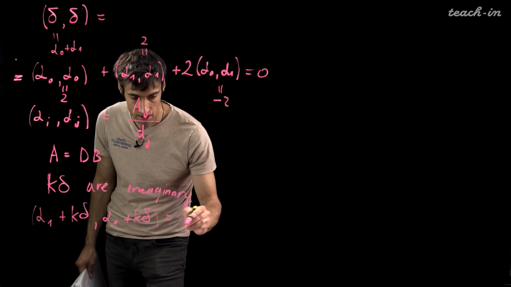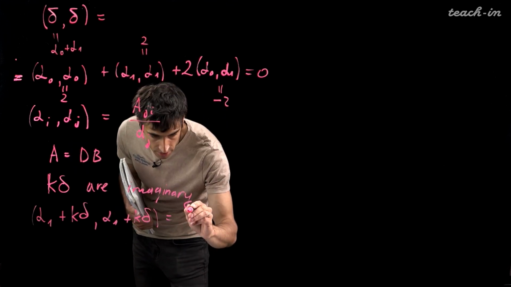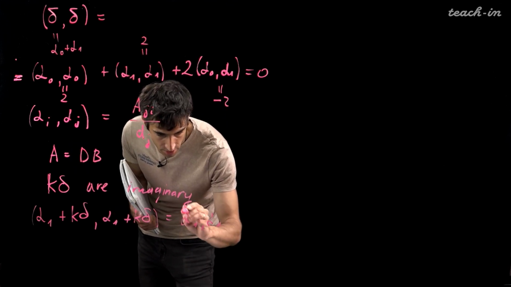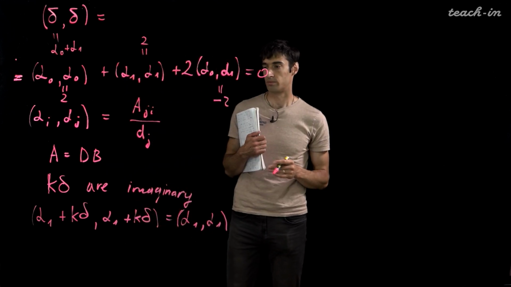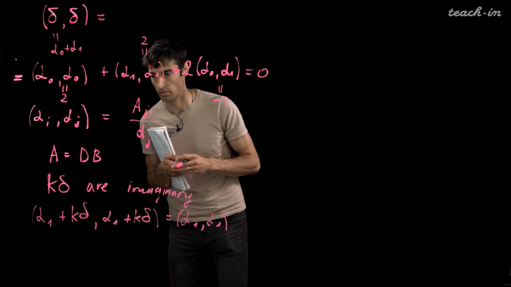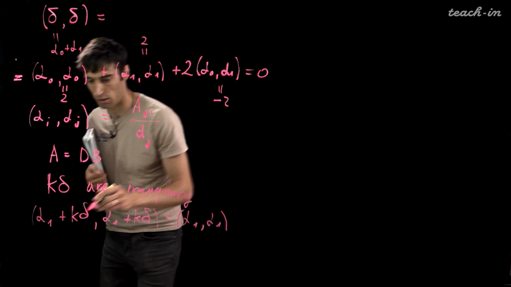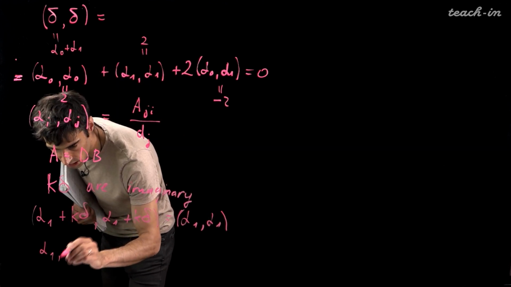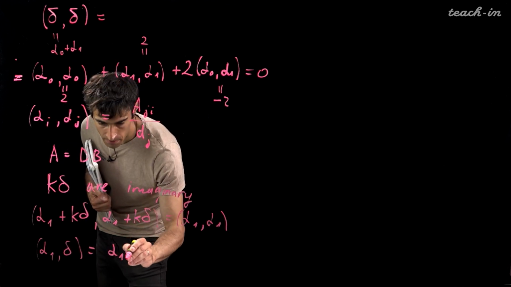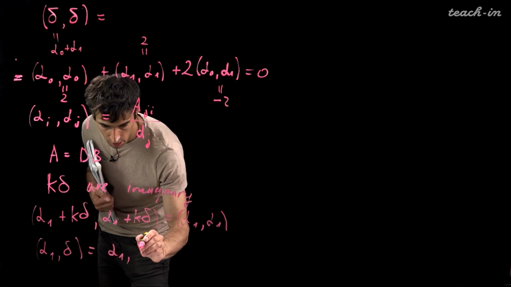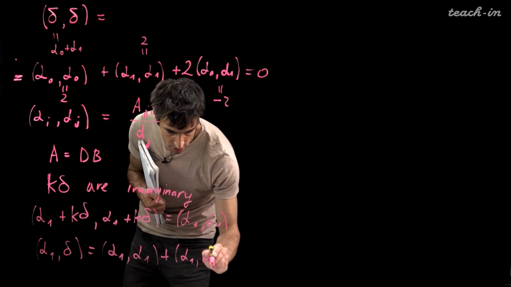I claim that this is actually alpha 1 with alpha 1, because alpha 1 with delta I can check: it is alpha 1 with alpha 1 plus alpha 1 with alpha 0.